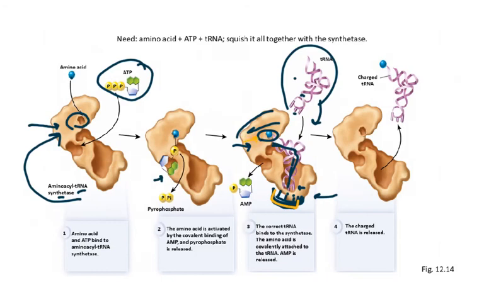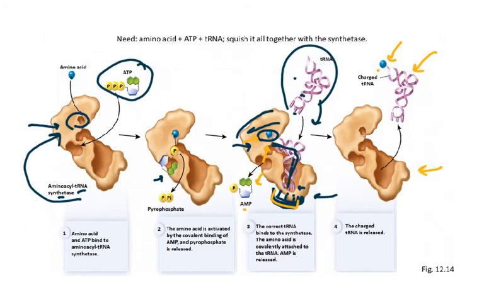And it uses ATP. You can see the proximity of these guys for the reaction, but that ATP is used and AMP is released. That means it's just mono. It's released two of the phosphates. And then, as a result, we have attached the amino acid to the appropriate tRNA.